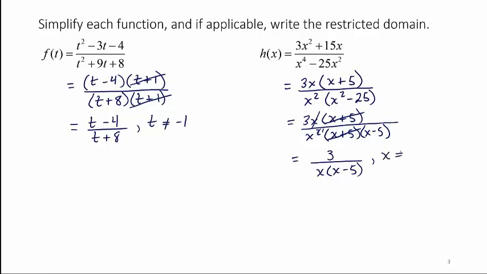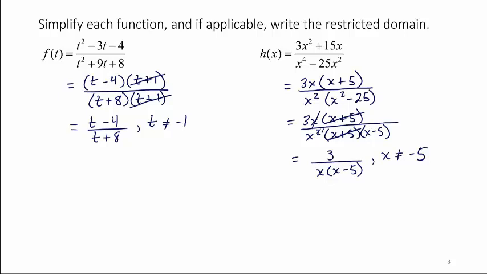Well, x can't be negative 5, right? Because we canceled out that factor of x plus 5. So if x is negative 5, that would make that factor 0, right?